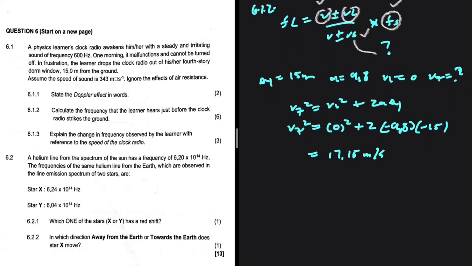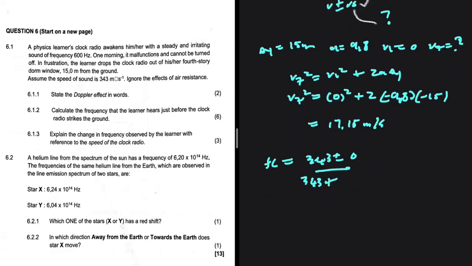So we can go ahead and substitute now. FL is equal to 343 plus or minus 0, divided by 343 plus the velocity of the source. The source is moving away, so we're supposed to have a plus sign on the denominator. So plus 17.15.